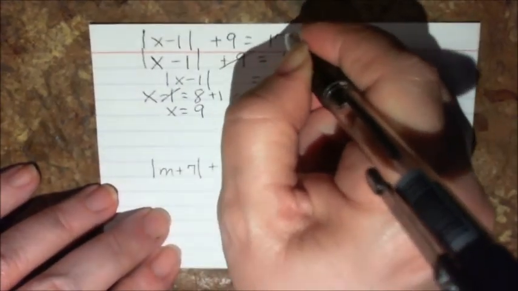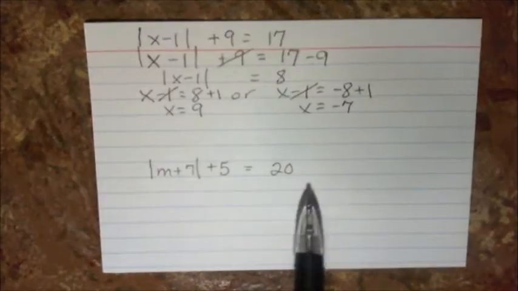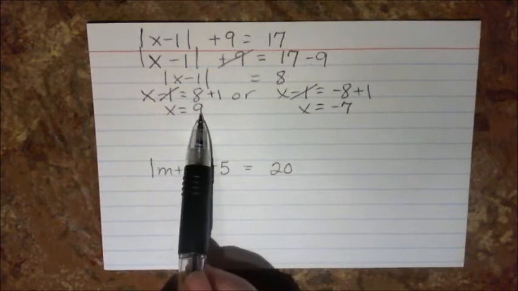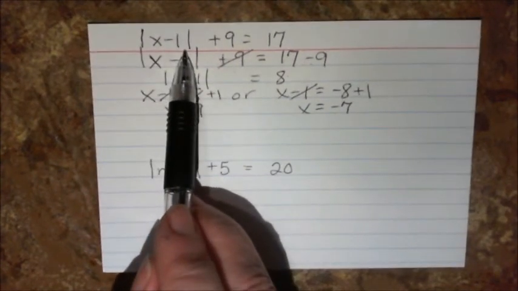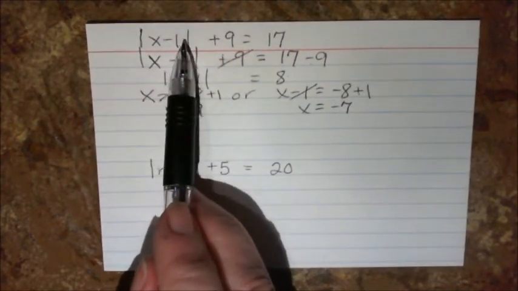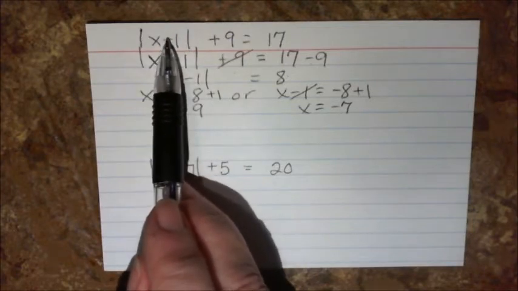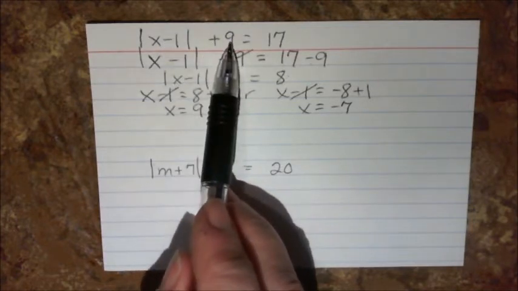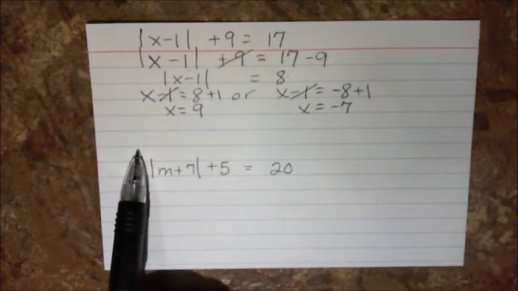I messed it up, so let's go back and say what it looked like. Absolute value of x minus 1 plus 9 is equal to 17. So let's check that. 9 minus 1 is 8, and the absolute value of 8 is 8. 8 plus 9 is 17, so that checks.